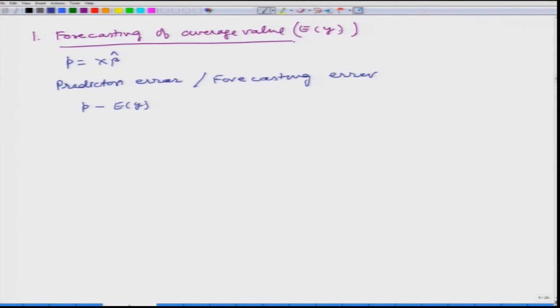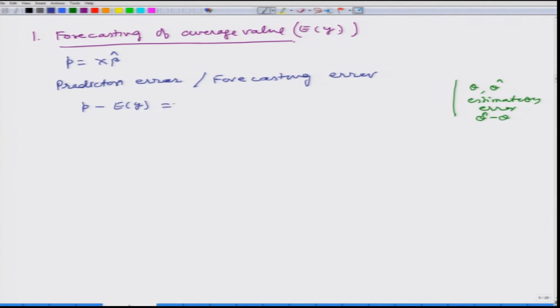And if you try to see, this is based on the same concept as in the case of an estimation error. For example, when we are trying to estimate a parameter theta by theta hat, then we try to find out the estimation error as theta hat minus theta. Okay. So, similarly here also we are trying to know the value of expected value of y using p.